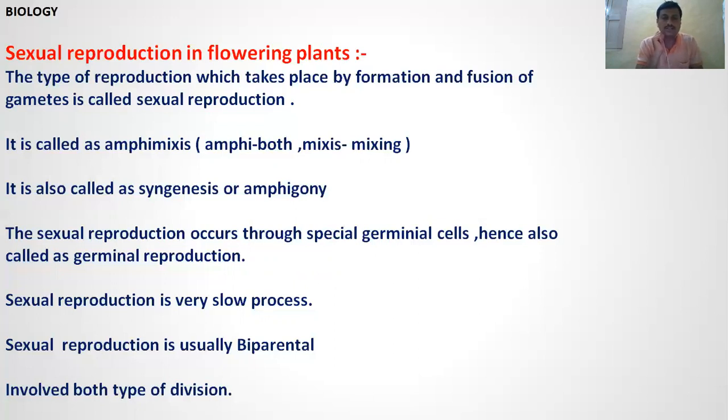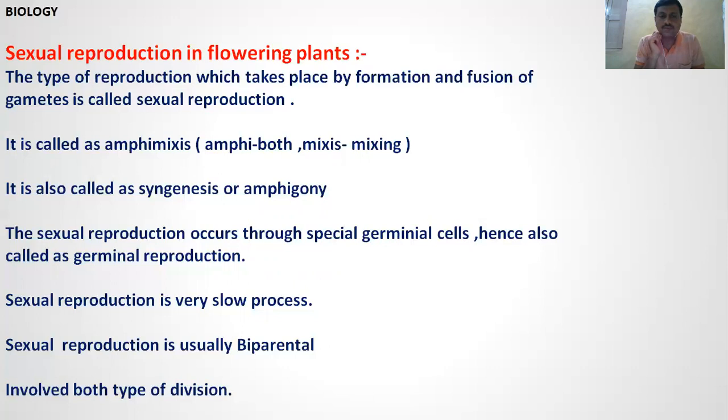It is also called amphigony or sexual reproduction. Sexual reproduction occurs through special germinal cells, and hence it is also called germinal reproduction, because the formation and fusion of gametes produce the germ cells.